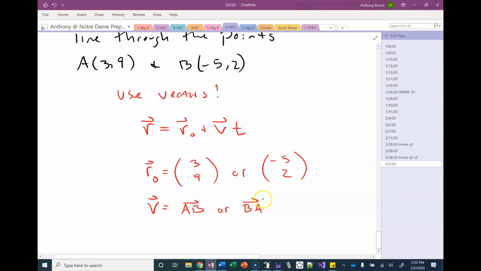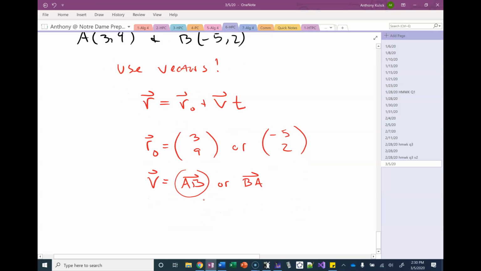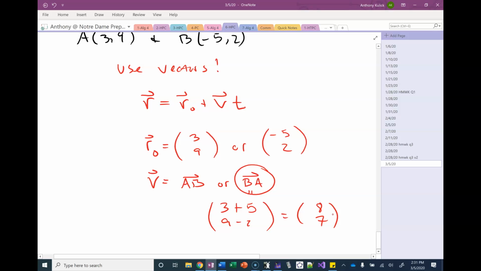Let's use the vector, hold on a second, AB. So to do that, I'm just going to do head minus tail, and then head minus tail. Actually, this is BA. Excuse me. Everybody's okay there?